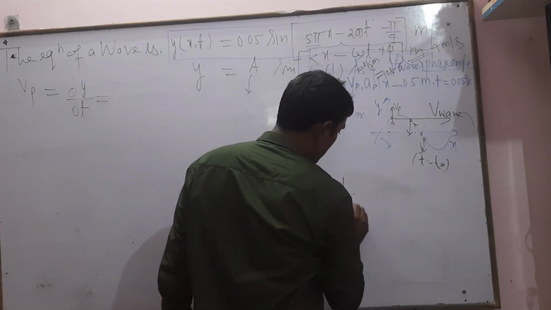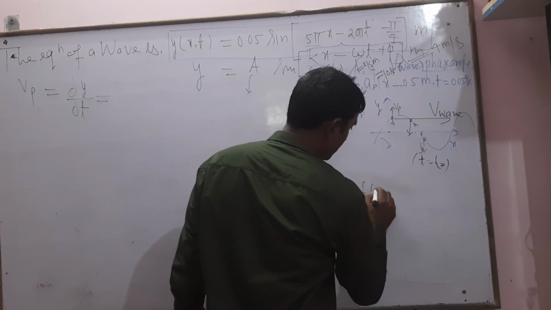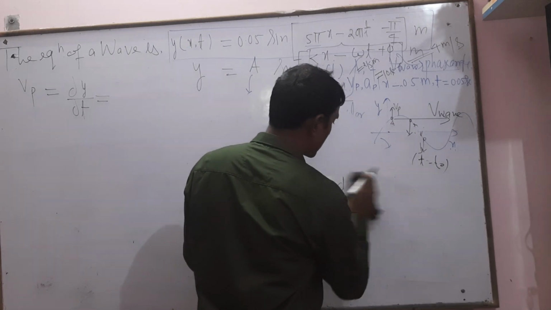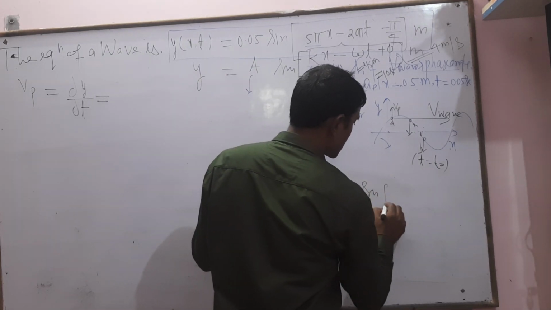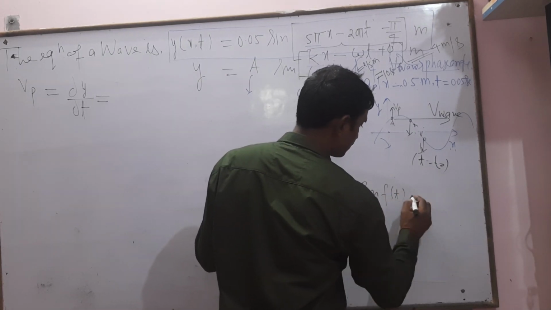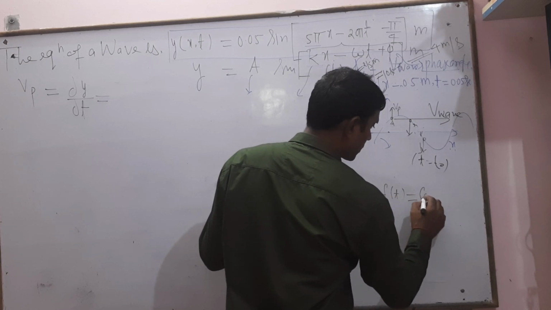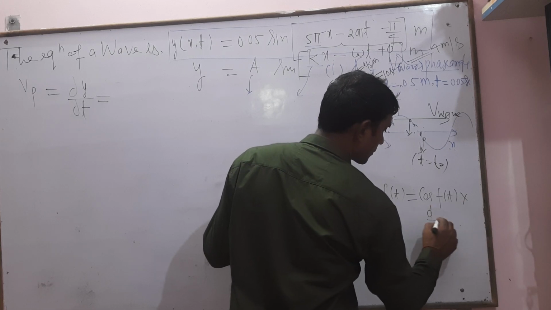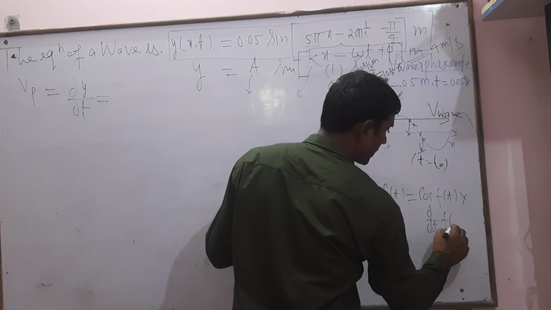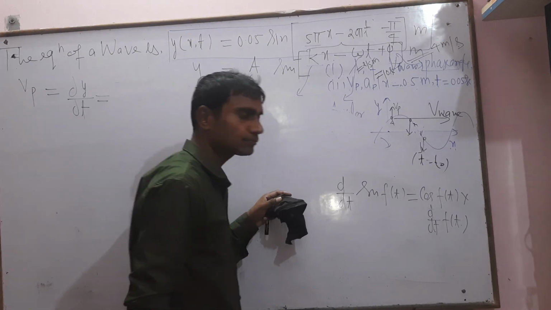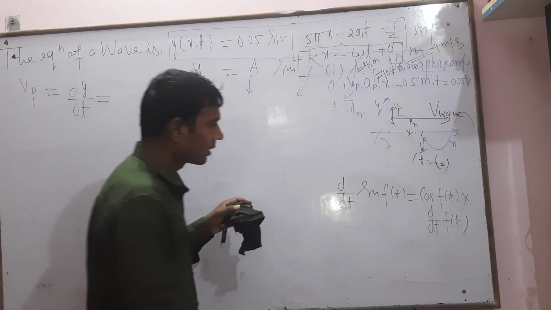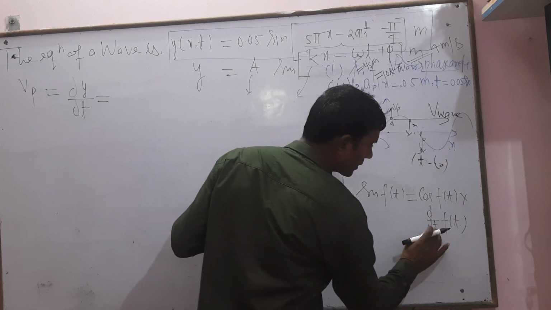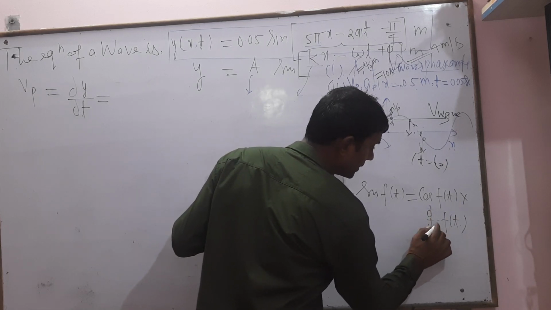Also we know that d by dt of a sine of (omega t), let us suppose, gives cos of omega t into d by dt of omega t. If this is theta, then it is d by d theta of that.